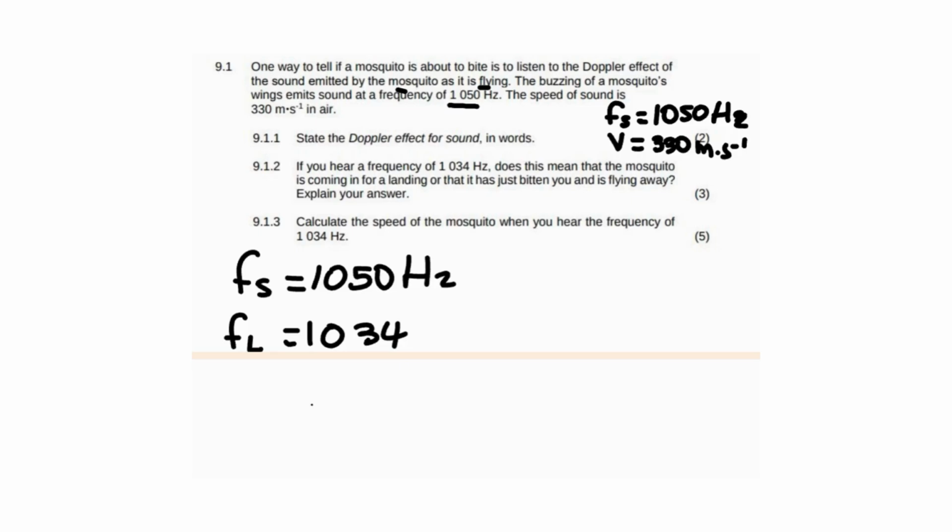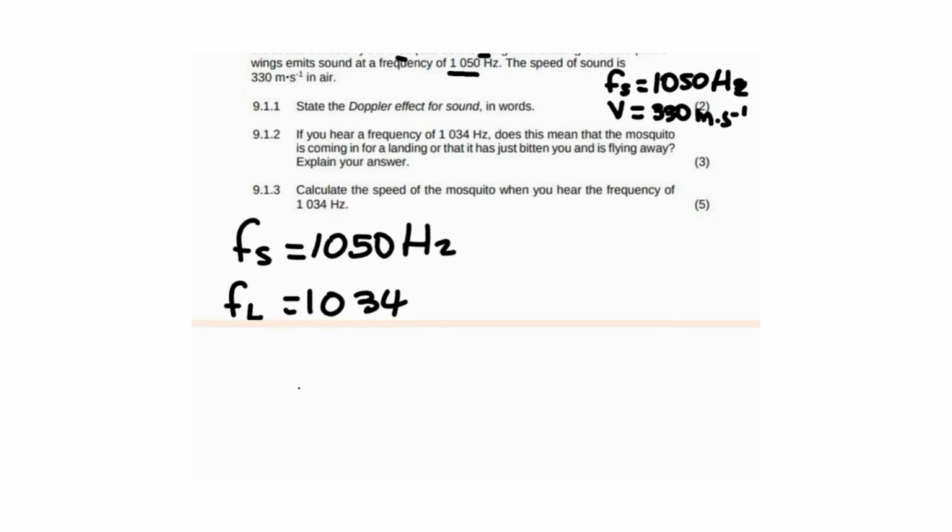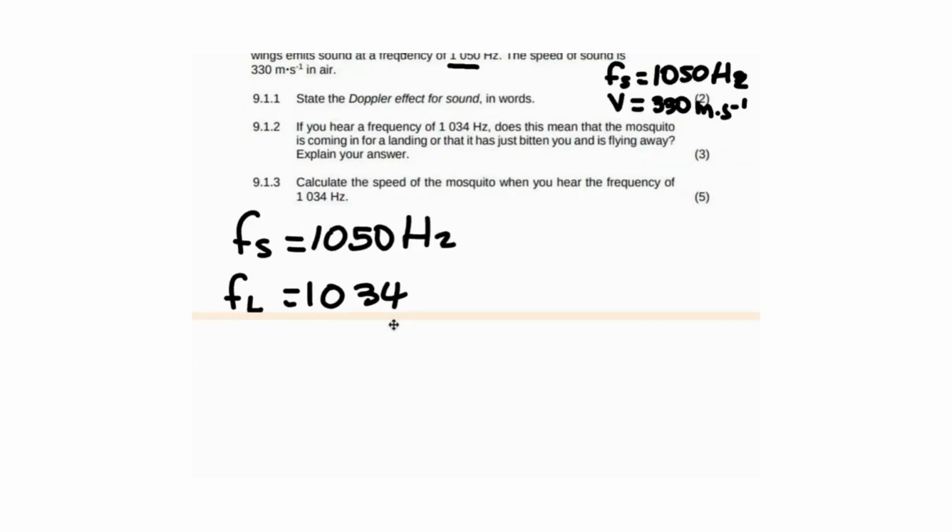When the source is moving away from the listener, because when the source is moving away, the wavelength is increasing, and the frequency of the listener is decreasing. So it means we will say for 9.1.2, it is flying away.